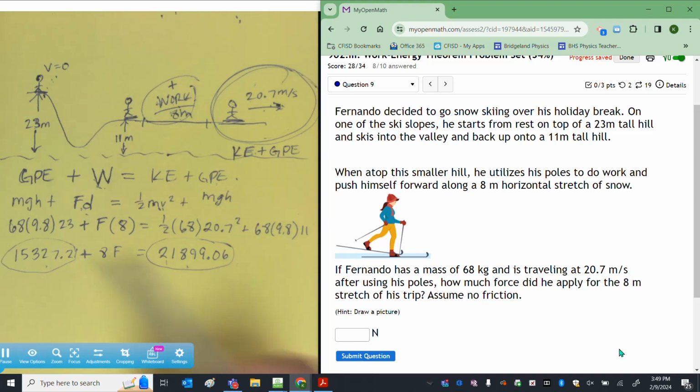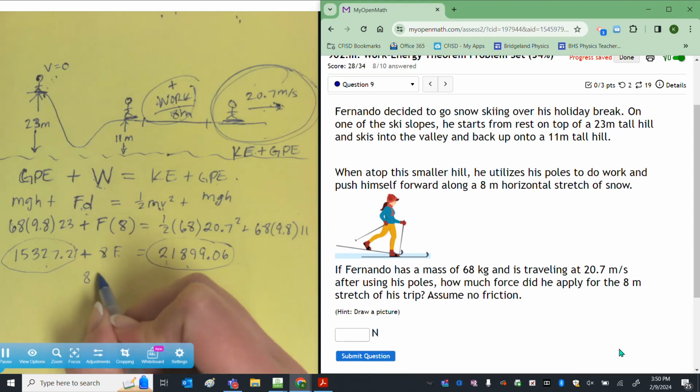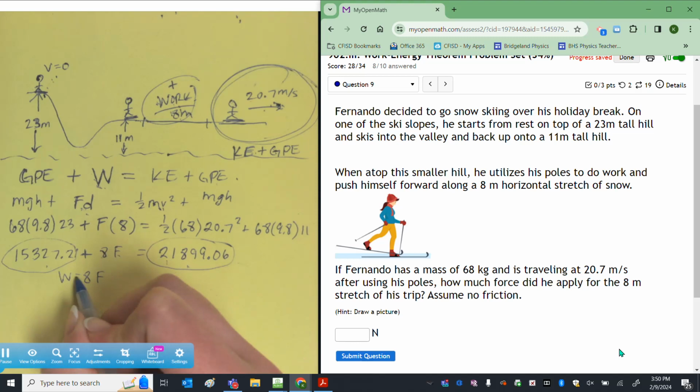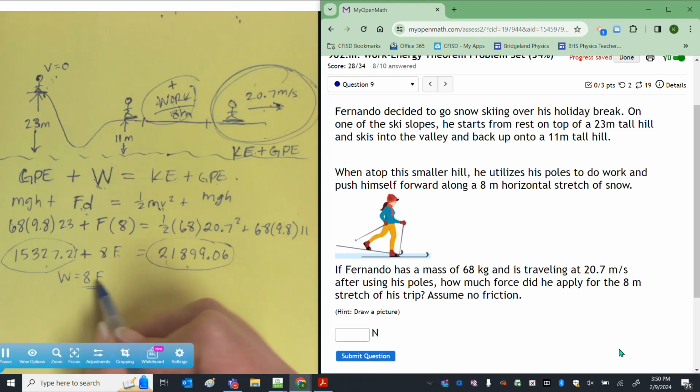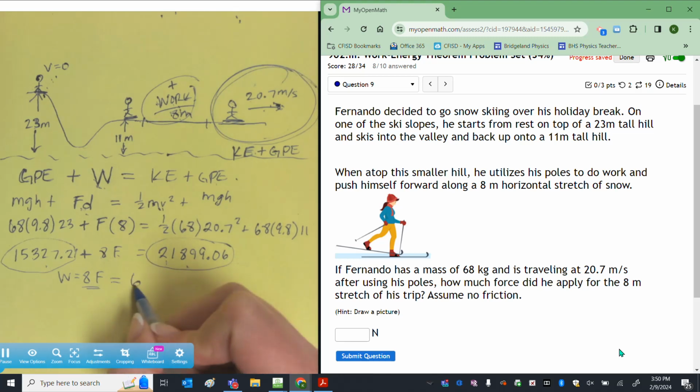Okay, and so we're going to figure out not how much work he did, but rather how much force he applied. Because again, that's force times distance right here. So we're going to subtract first. 21,899.06 minus 15,327.2, and we're going to get the work that he did, which is force times displacement, equal to 6,571.86.